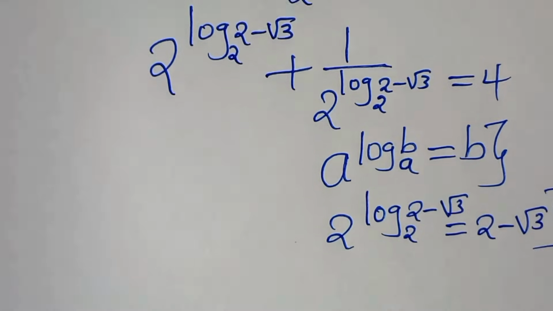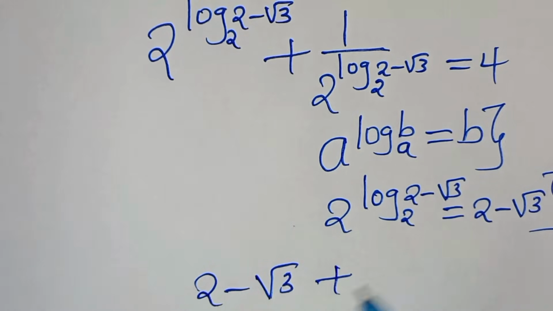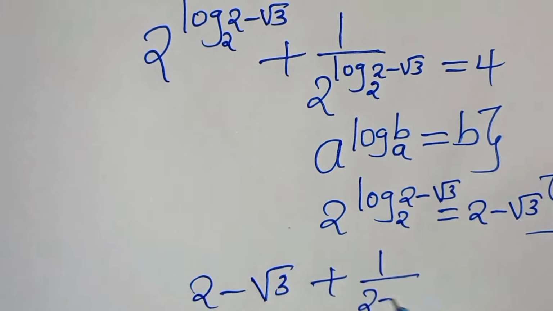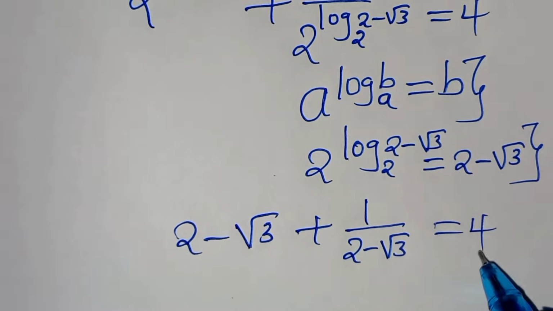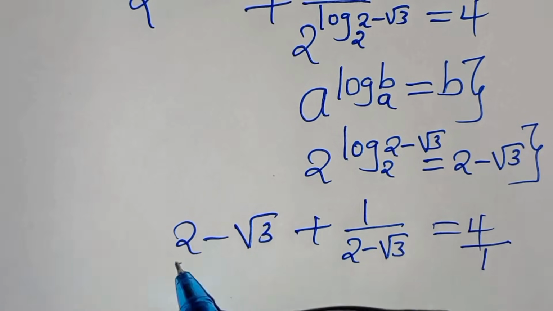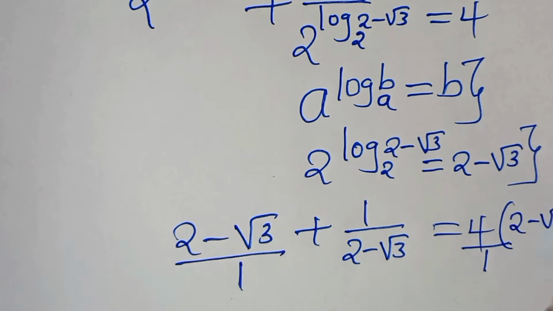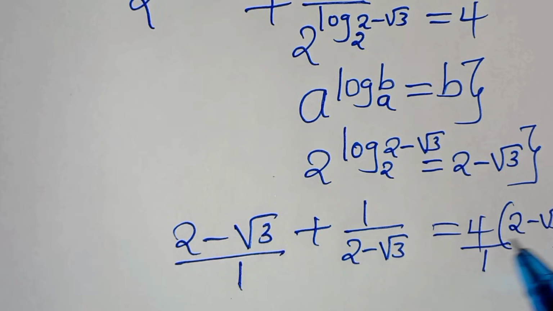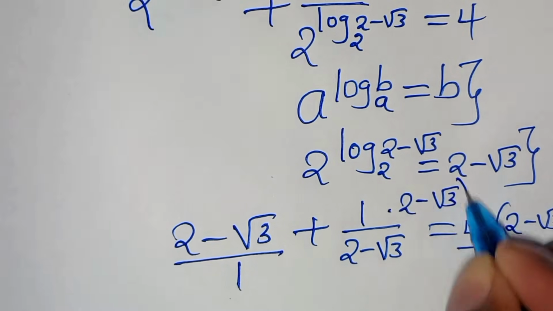Now, here we have 2 minus square root of 3 plus 1 over 2 minus square root of 3. This is equal to 4. Now, we have that 4 is our whole number, so this is over 1, and this is over 1. So the LCM is 2 minus square root of 3. Let's multiply everything by 2 minus square root of 3. So this is 2 minus square root of 3.